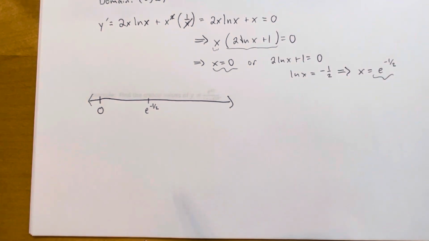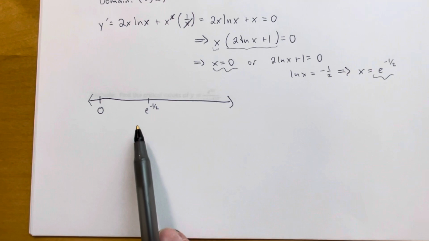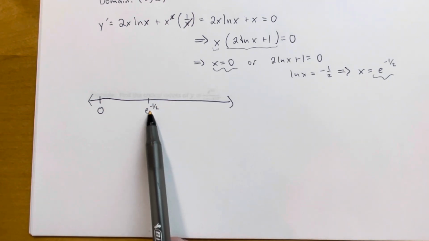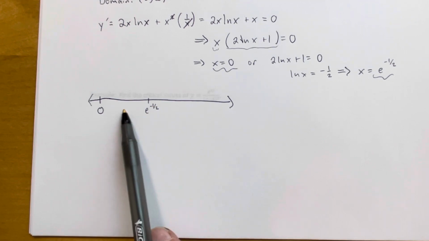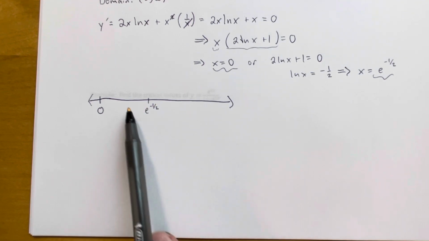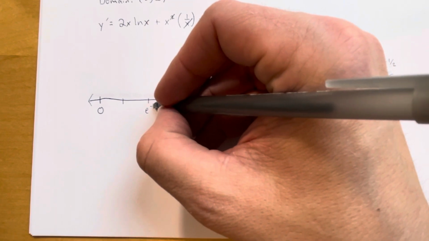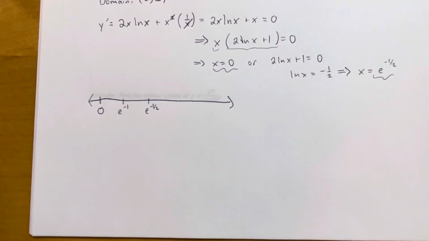However, I know that the exponential function e to the x is an increasing function. So what that means is that if I raise e to a smaller exponent, I will get a smaller value. So something that I know is smaller than negative 1/2 is negative 1. I can plug a negative 1 in.